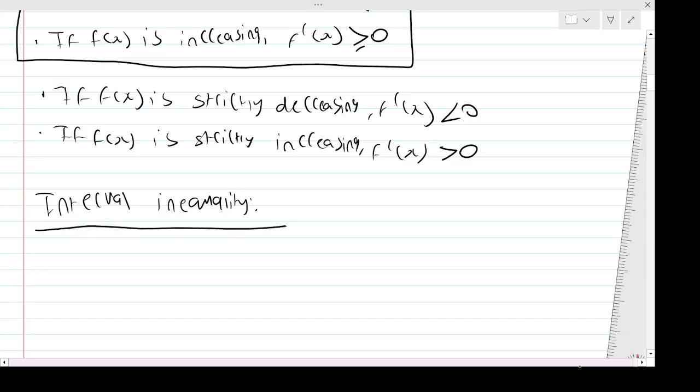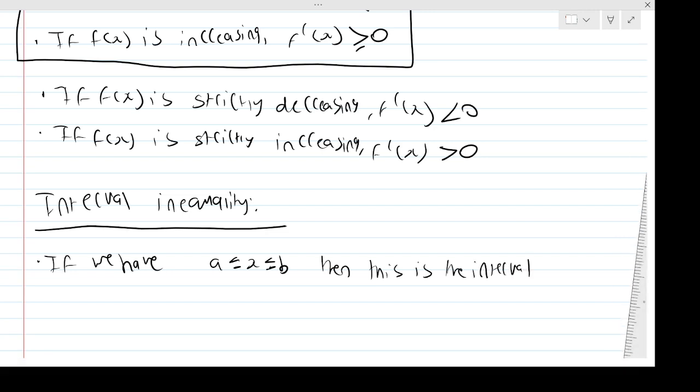If we have an inequality where x is between a and b, let's say, again it could be equal to a or b, then we could say this is the interval [a, b] with square brackets, okay?